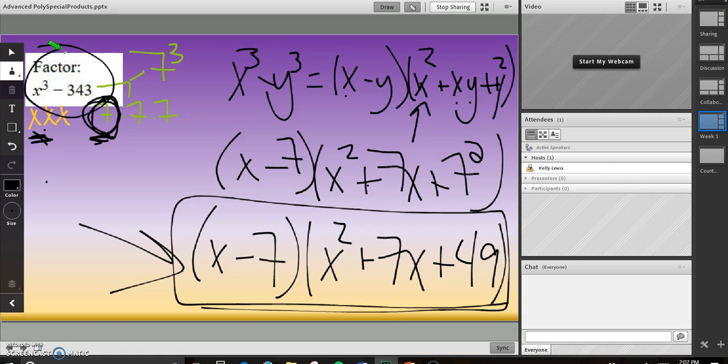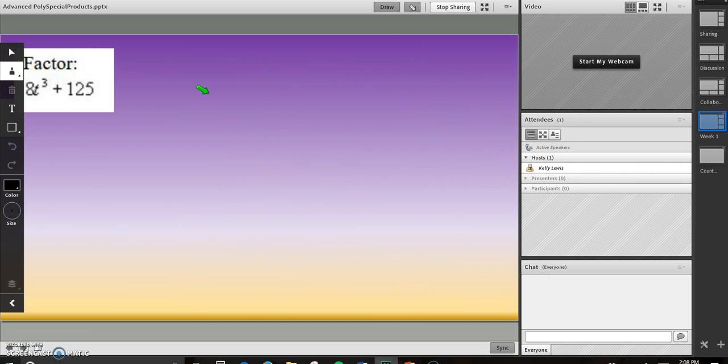Because the purpose is just to factor. Now I want you to practice this because I just want you to practice seeing a formula and being able to pop things in. Excuse me, I'm kind of tired. All right, let's do this one. It's got a plus sign.